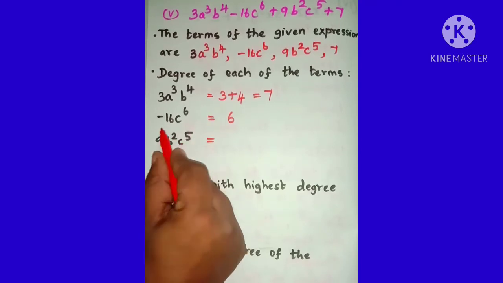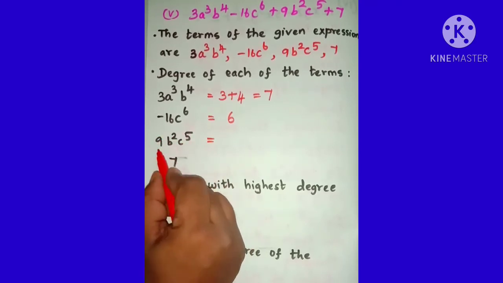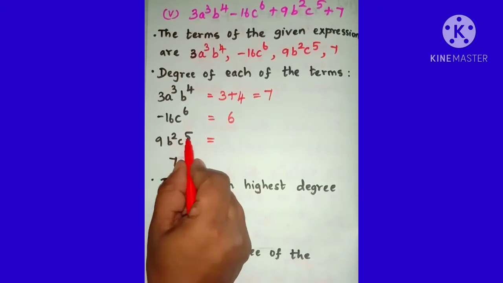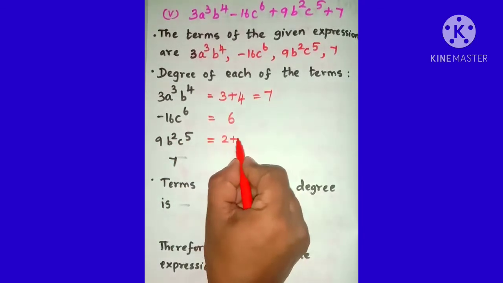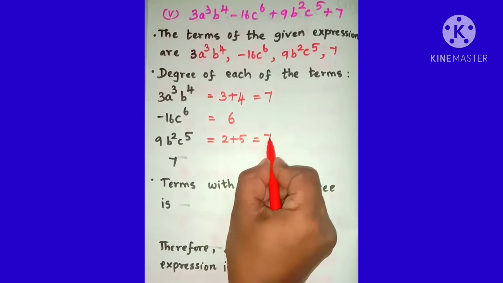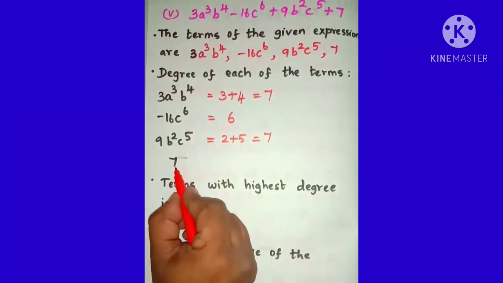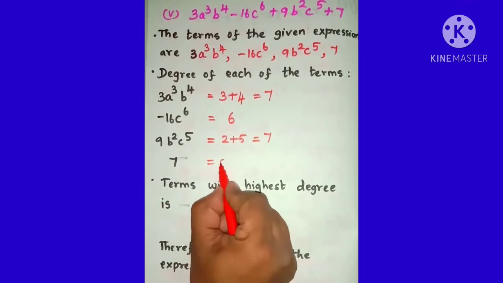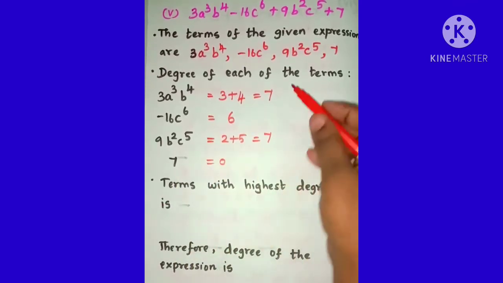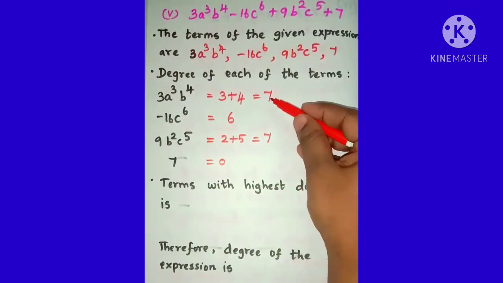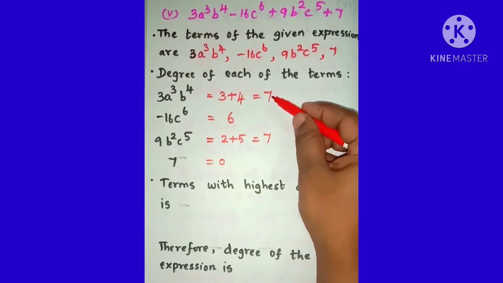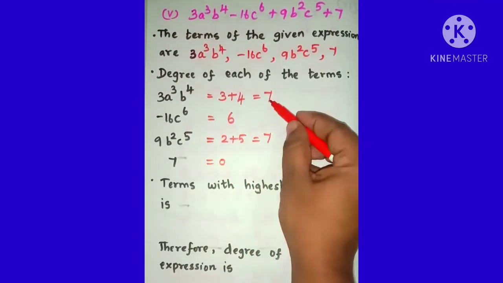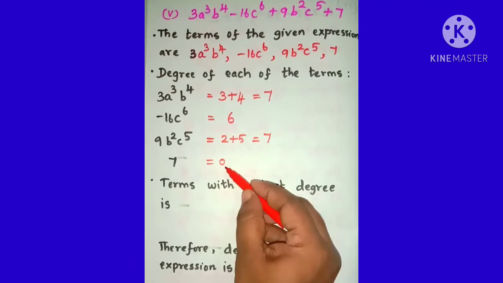So the degree of this term is the sum of these powers, that is 2 plus 5, which is 7. And here we know that the degree of the constant term is 0. Now we find that the degrees of the terms are 7, 6, 7, 0.